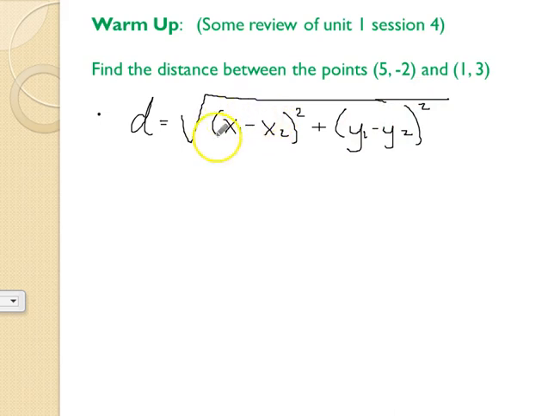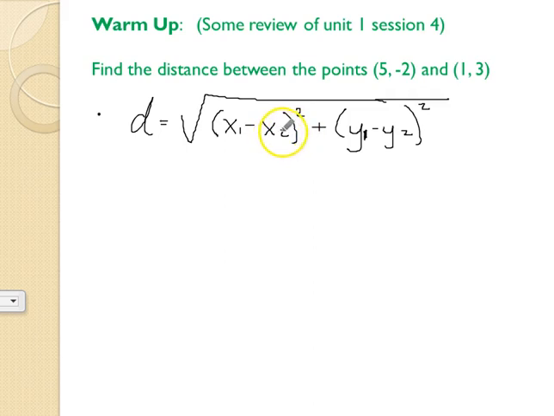So notice that sometimes in the formulas for distance, you might see where they take the x1 coordinate minus the x2 coordinate, and same for the y-coordinate, you would take the y1 coordinate minus your y2 coordinate. So you can also start with the second x-coordinate and subtract from it the first x-coordinate. It really doesn't matter which order you go in.